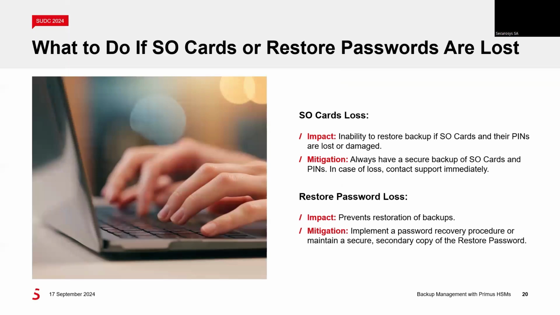Don't lose or override SO cards. If you override your SO cards, you can still restore a backup, but you cannot access the HSM afterwards. Have a large quorum. Don't use 2 from 3, consider something like 2 from 5. You can add multiple SO cards.